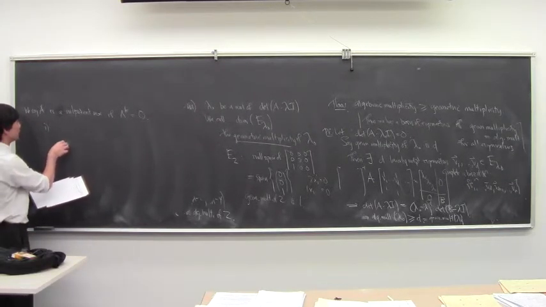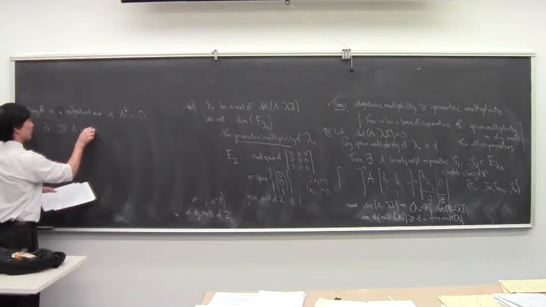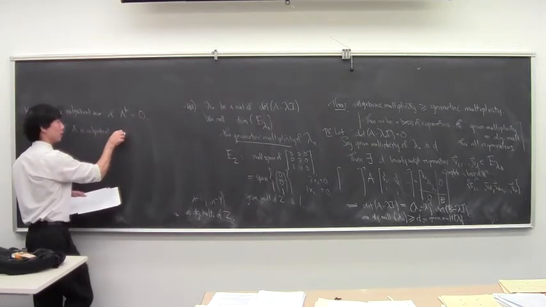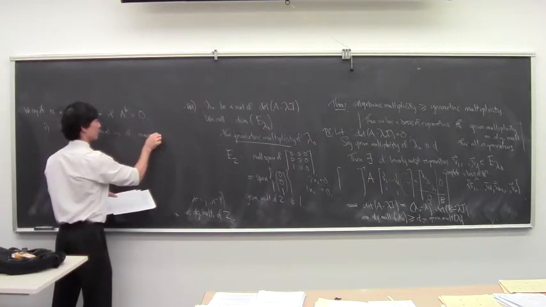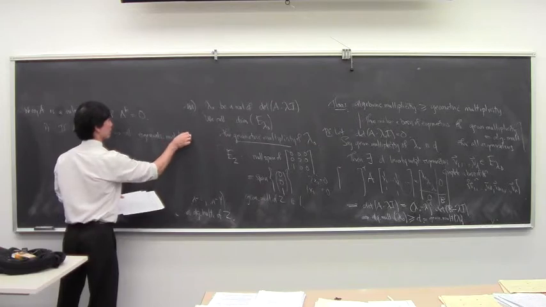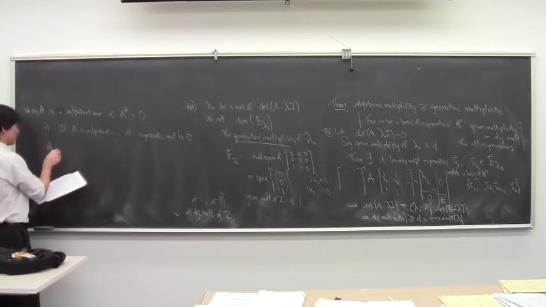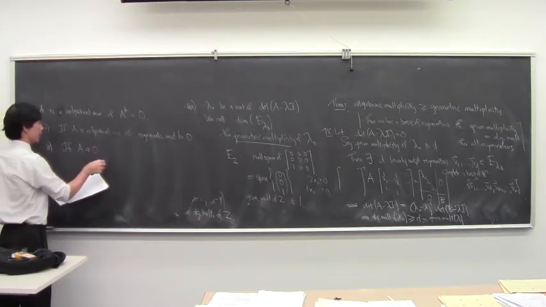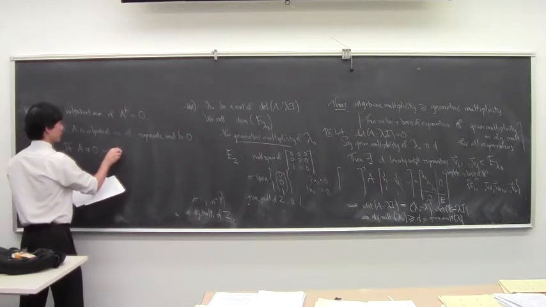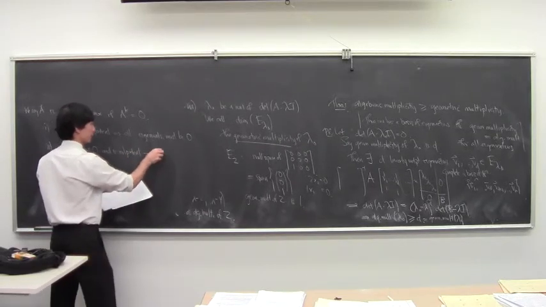First, show that if A is nilpotent, then all of its eigenvalues must be zero. And part two, if A is a non-zero matrix and is nilpotent, then it's defective.